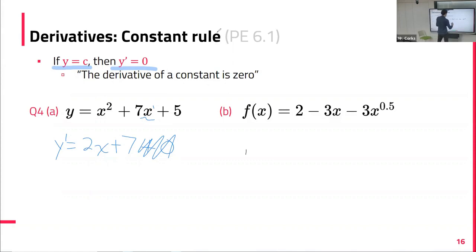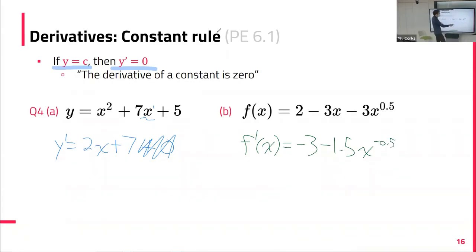f prime of x. Okay. Negative 3 minus 1.5 x to the negative 0.5. All right.